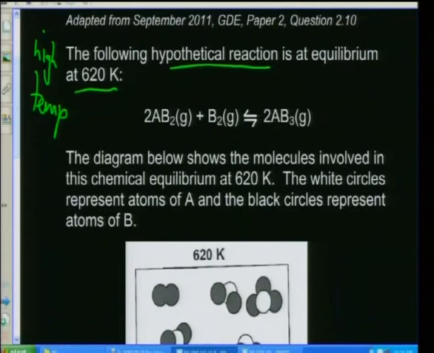We've got the reactants, 2AB2 gas plus B2 gas, going to form 2AB3, which is also a gas. We recognize it's an equilibrium because we've got a forward reaction and a reverse reaction arrow.